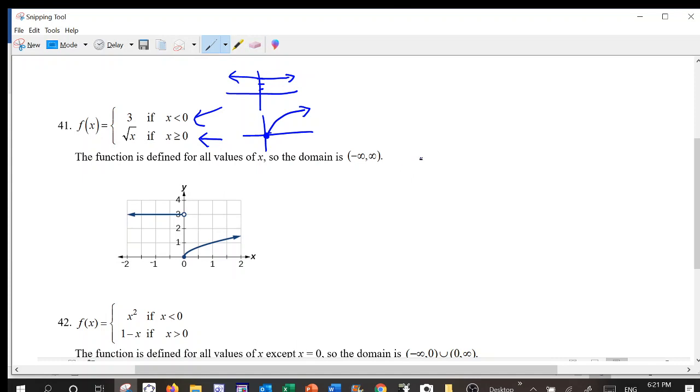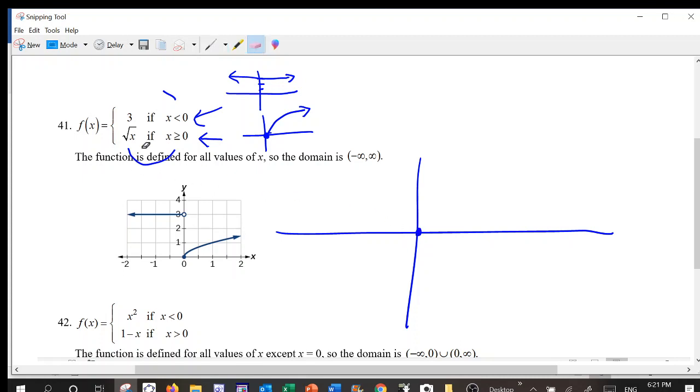So let's do it. So again, we go to the point that breaks the domain, 0. At 0, we're supposed to use this, square root of 0 is 0, so that's the point on this. And I know to the right of 0, it looks like the square root of x.